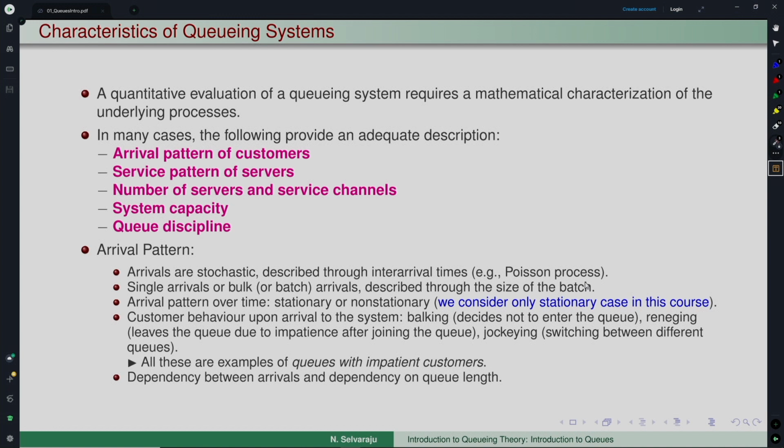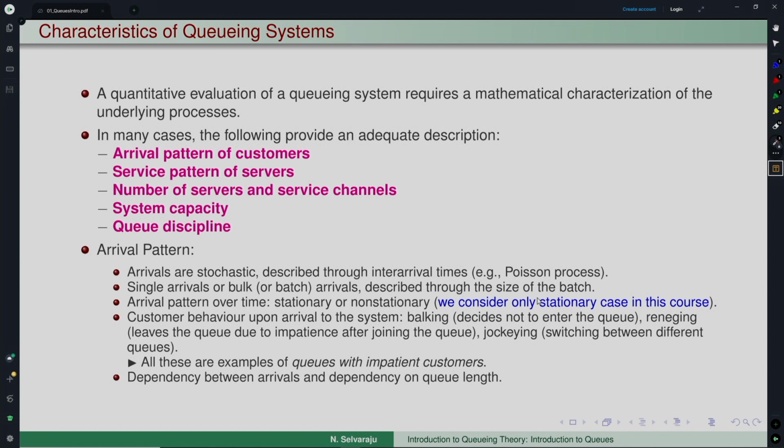In that case you need to describe the bulk size, that is, the size of the batch, whether it is constant or random, and if random, what is the randomness of that. So that is the second component you will look at: whether the arrivals are bulk or single arrivals.